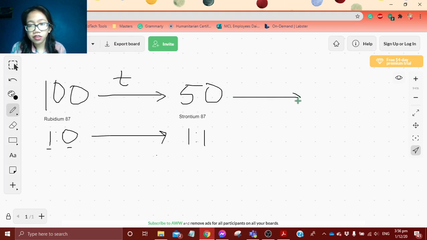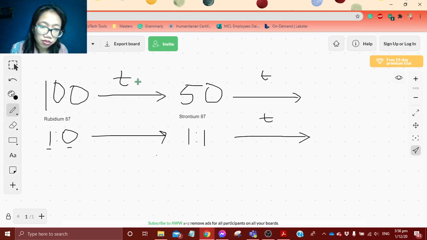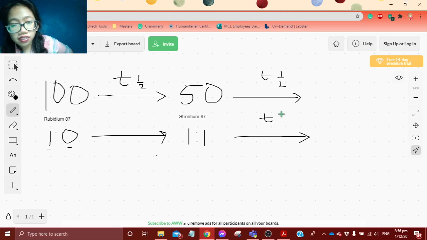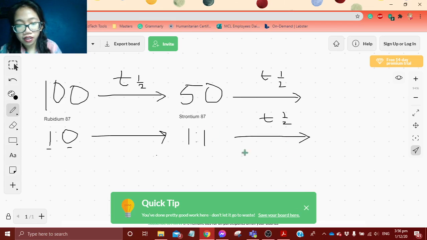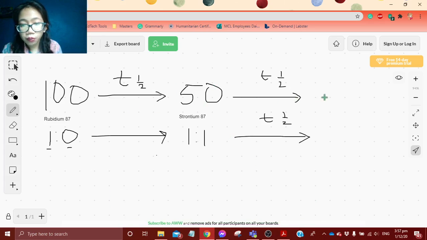How about in another half-life? So let's put a 1/2 here just to identify that it's a half-life. So in another half-life, whatever was left here would be halved again. So from 50 strontium-87, it will now be 75 in total.